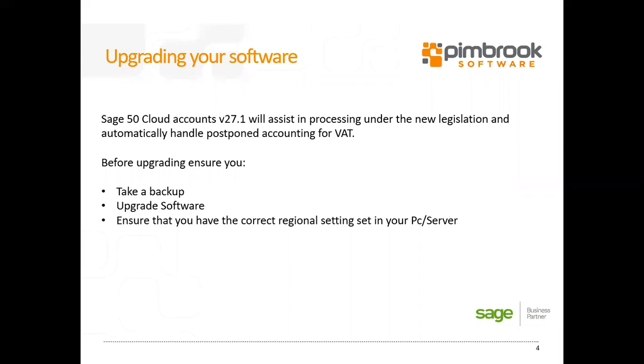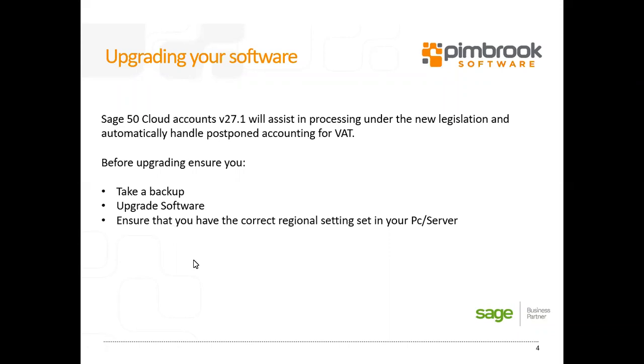So we are going to kick this off this morning with what you need to do before you upgrade to this version. It is important that when you want to upgrade to this version of Sage, you make sure that the regional settings on the computer are properly set to the correct region. If you're based in the UK, your regional settings should be set to United Kingdom.